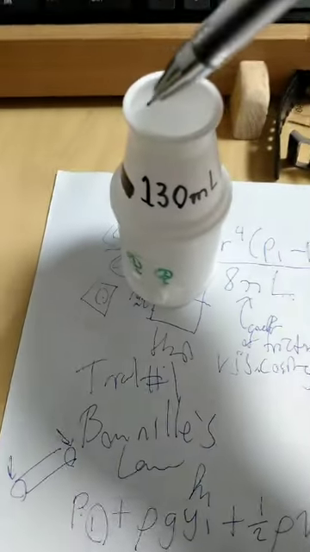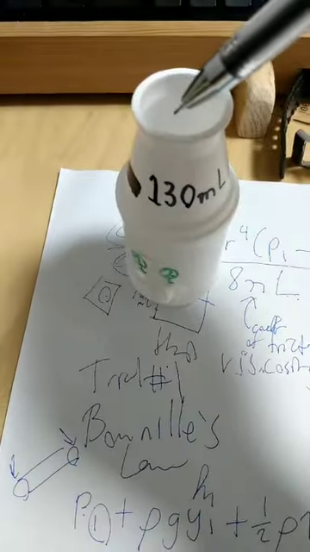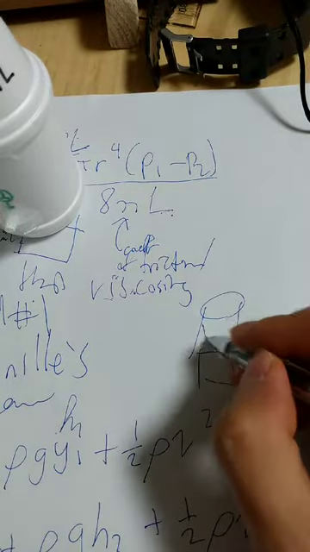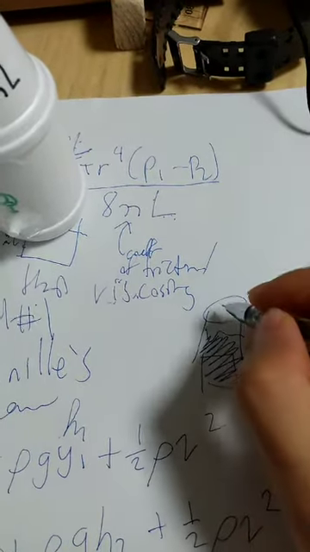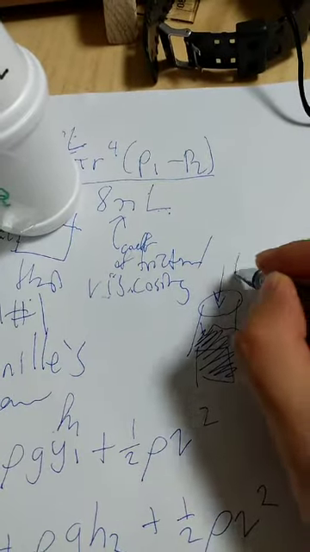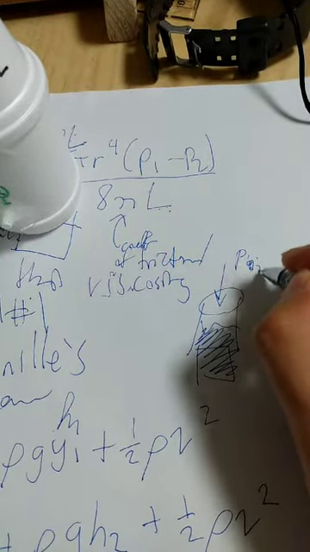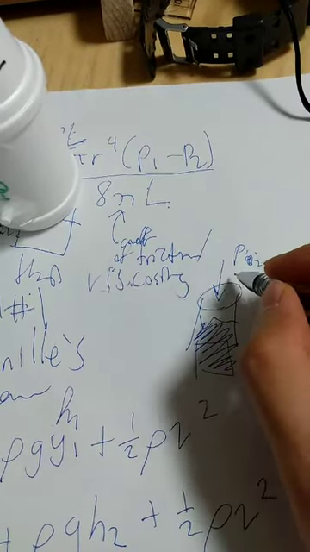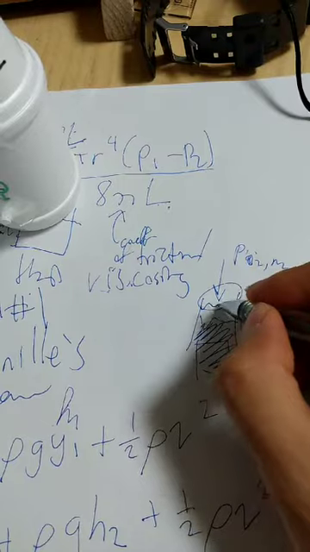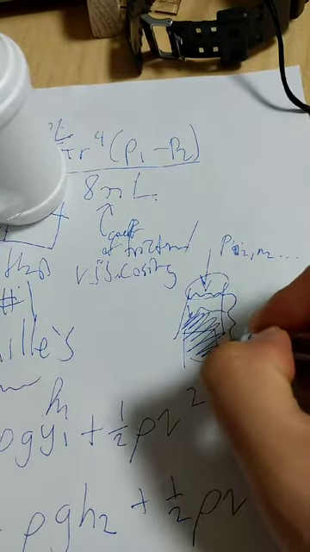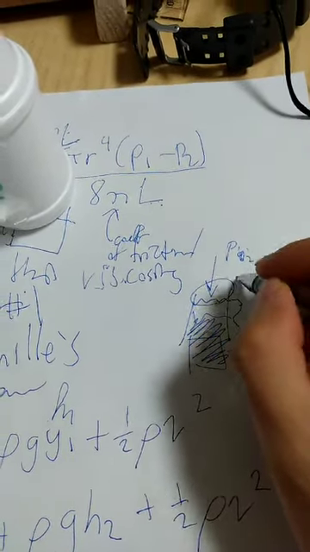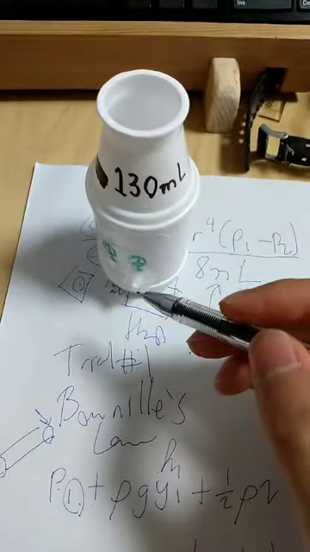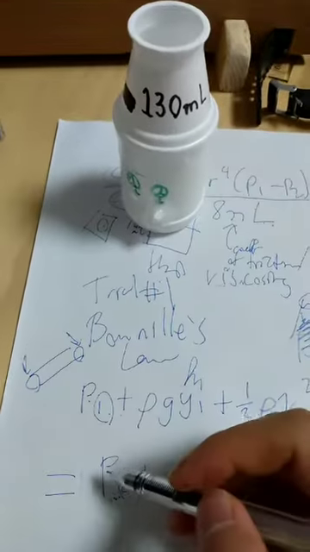At the entrance, what is the pressure? Well, I think if we have the top of the bottle like this, with water filled in, at this point we have, of course, the atmospheric pressure due to oxygen and nitrogen. That's the P atm. So P1 is atmospheric pressure, and P2, what is the pressure there?